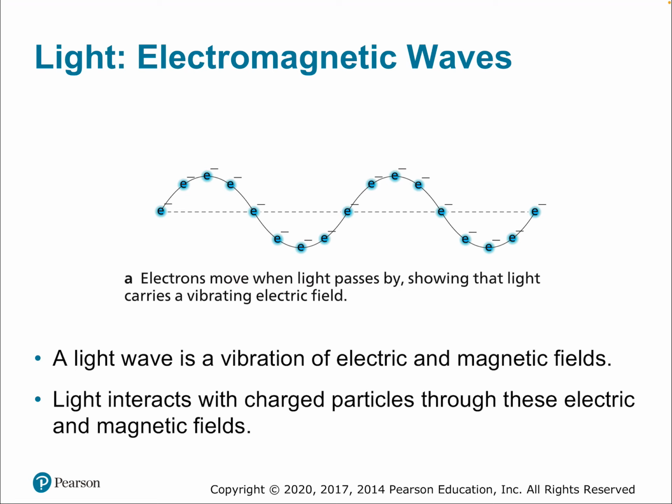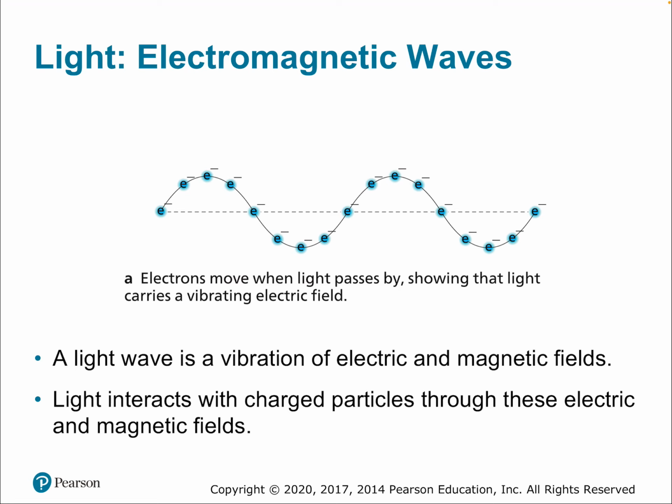So it's like a wave traveling down a string, like a guitar string, but our string is composed of electrons all strung together. And so when the light passes by, they pick up that signal. They move with the vibration.